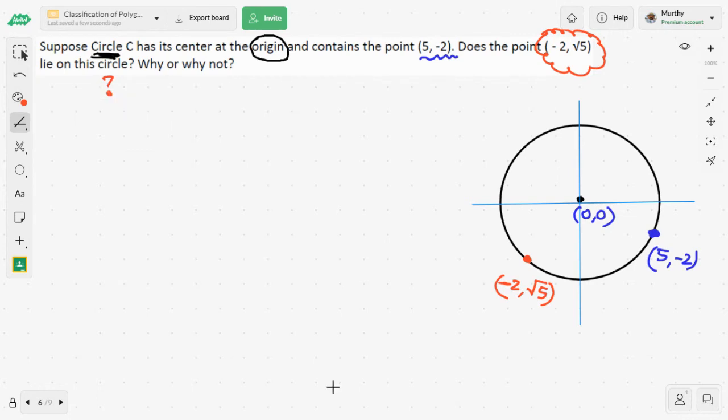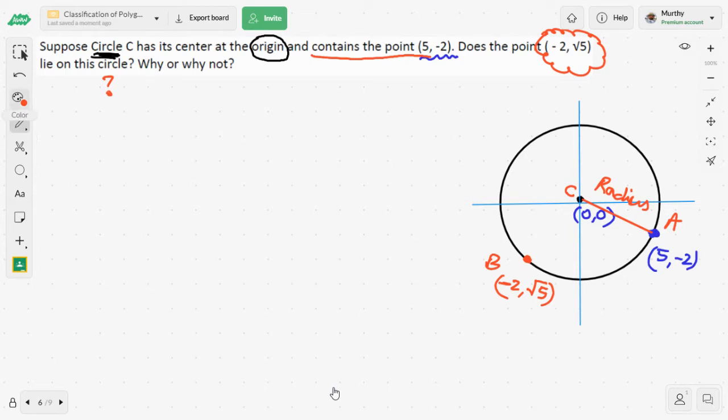Let me label this one as center C, and this is point A, and this is point B. So I know that 5 comma negative 2 is on the circle. Therefore, I call this one the radius, right?